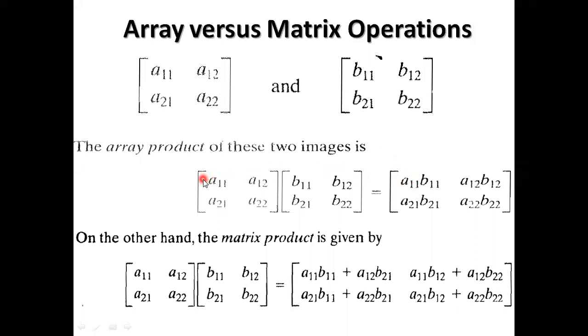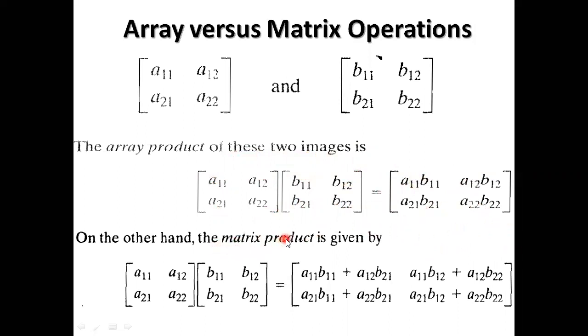These are the elements we get by doing array multiplication.